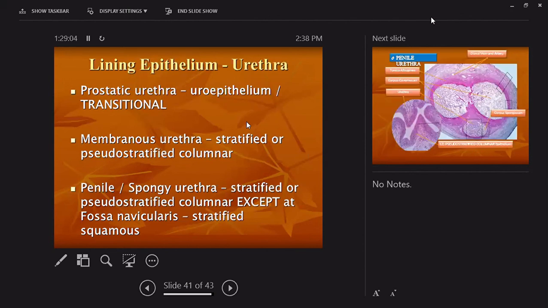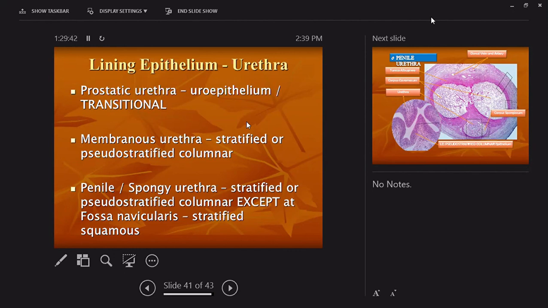Okay, now the lining epithelium, take note of the urethra. Prostatic urethra, uroepithelium or transitional. The membranous urethra is stratified or pseudo-stratified columnar, okay? And the penile or the spongy urethra is the same as the membranous urethra, stratified or pseudo-stratified columnar, except at the fossa navicularis.